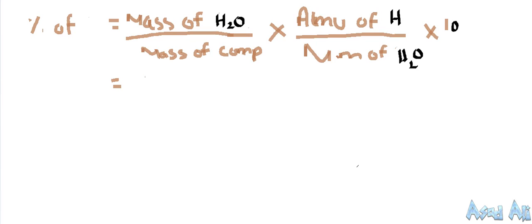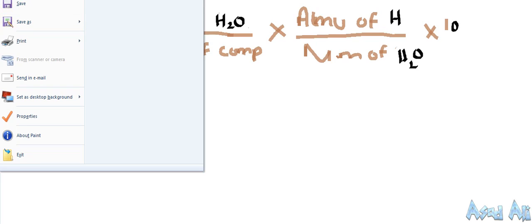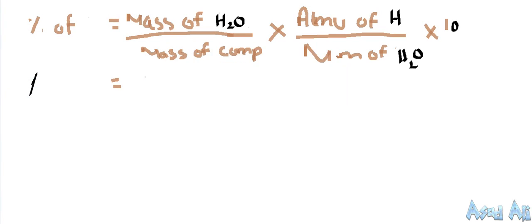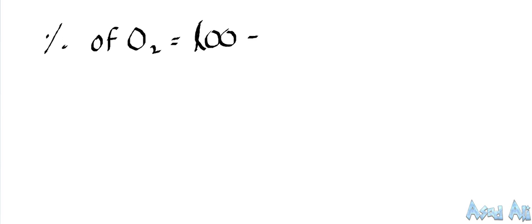That means that the remaining we can calculate as the percentage of oxygen, by subtracting the percentage of hydrogen and carbon from 100.